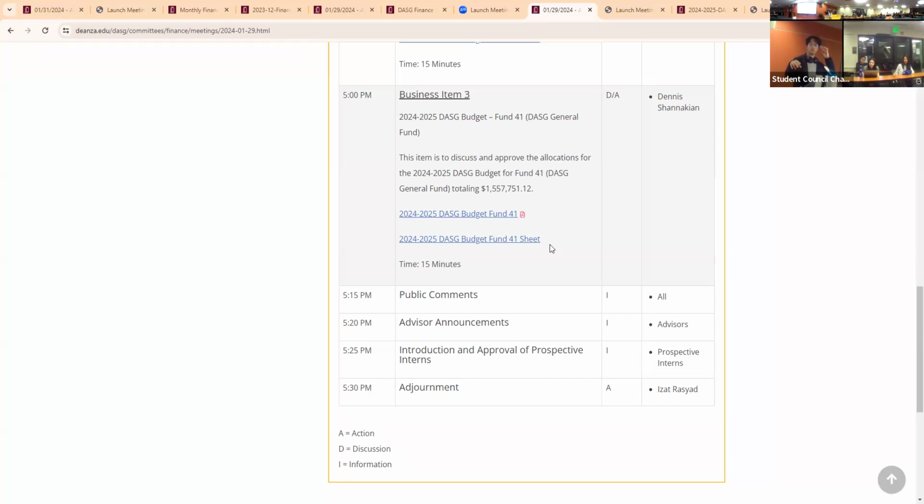Senators, are you ready for budget deliberations? Okay, cool. With that, we can move on to public comments. Are there any public comments? No public comments? Any advisor announcements?